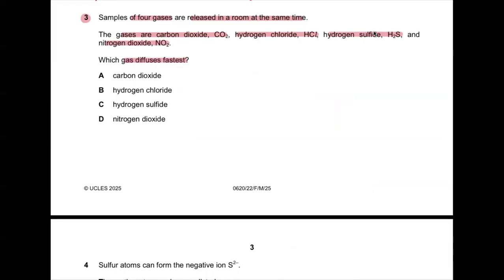So if you recall, the fastest is the one having the lowest Mr. So for carbon dioxide, if you calculate the Mr, it's 12, 16, and 16, which makes it 44. Then you have hydrogen chloride. Hydrogen is 1, chlorine is 35.5, so it is 36.5. So among these two, HCl is going to be the fastest, which makes A go wrong.